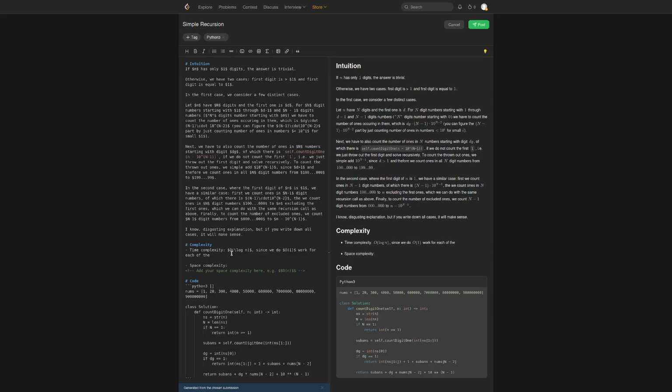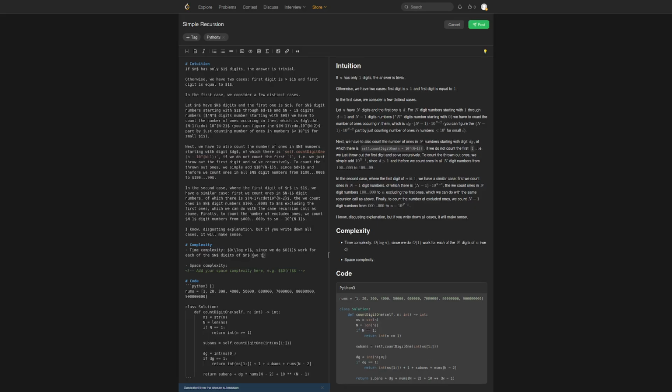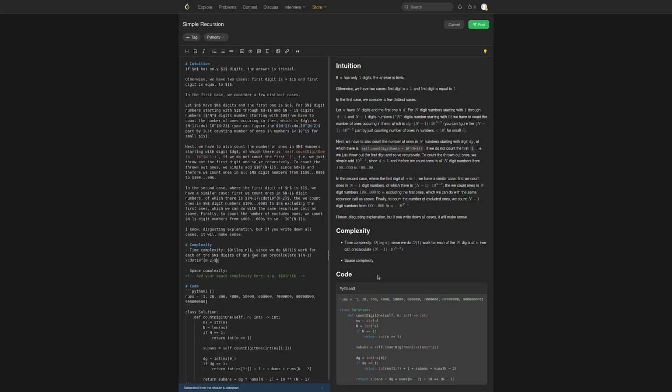For each of the n digits of the origin of n, we can pre-calculate n minus 1 for all suitable n like under 10.